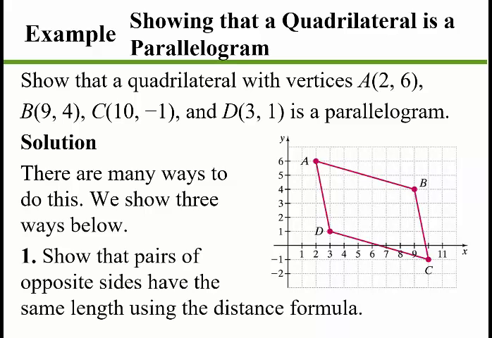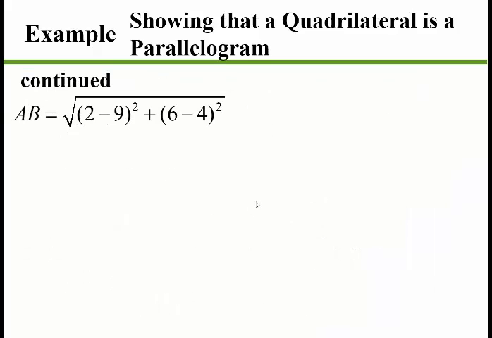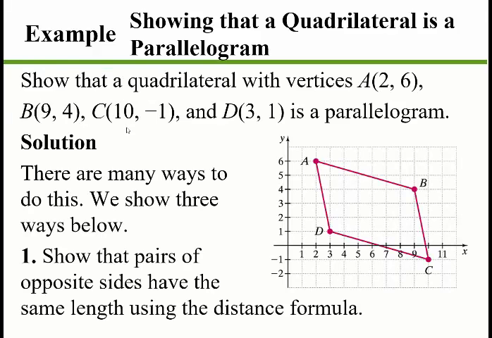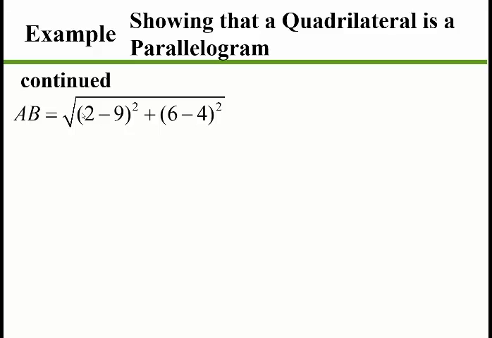The first one is to show that pairs of opposite sides have the same length using the distance formula. I need to show that the length of this side is congruent to this side, and the length of this side is congruent to this side. For AB, using the distance formula and the points (2, 6) and (9, 4), you subtract the x values and square, and add the difference of the y values squared.